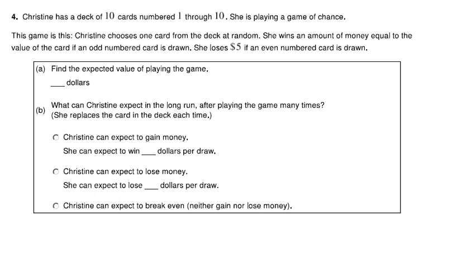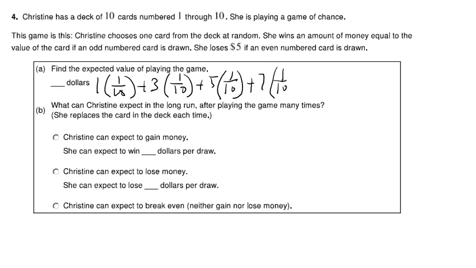Okay, so she could win $1. 1 out of 10 ways of it happening. She could win 3. 1 out of 10 ways of it happening. She could win 5. 1 out of 10 ways of it happening. She could win 7. 1 out of 10 ways.